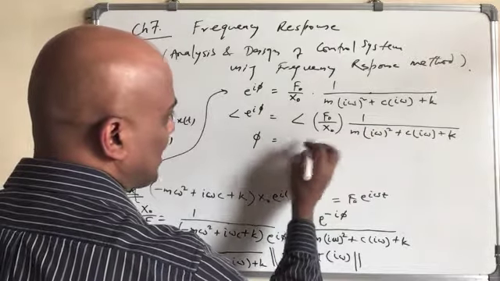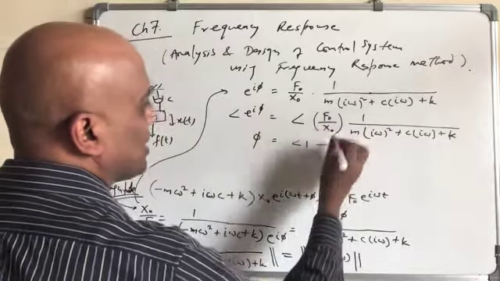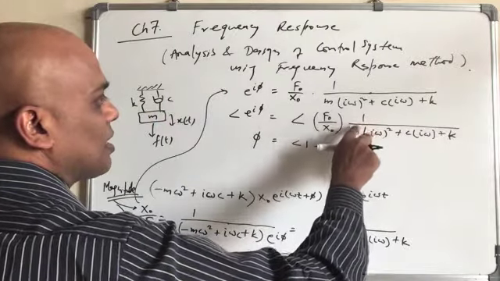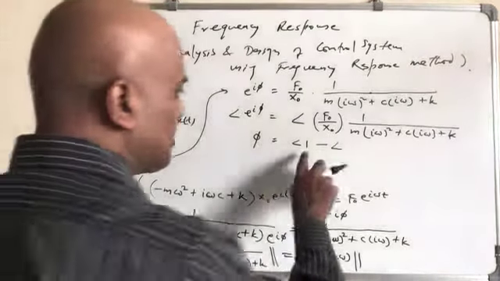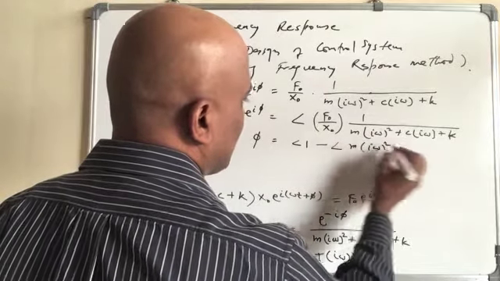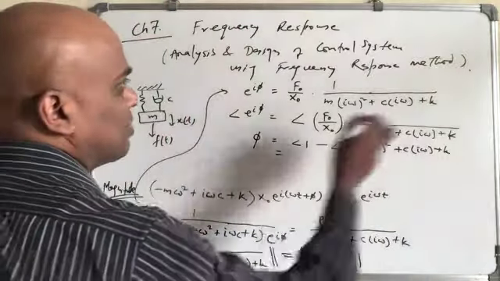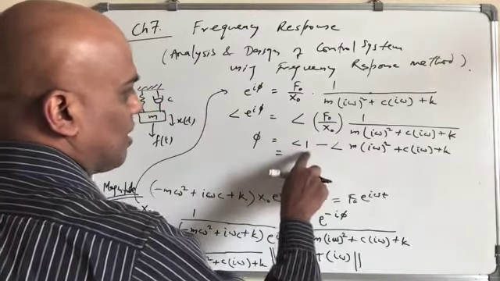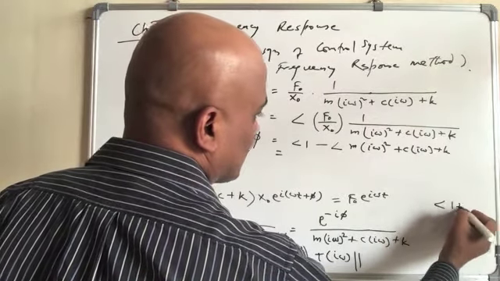And what is this angle? This will be the angle of 1 minus the angle of, here you have 1, so basically 1 over m I omega square plus c I omega plus k. When you have 1, meaning you have basically the angle of 1 plus I0.